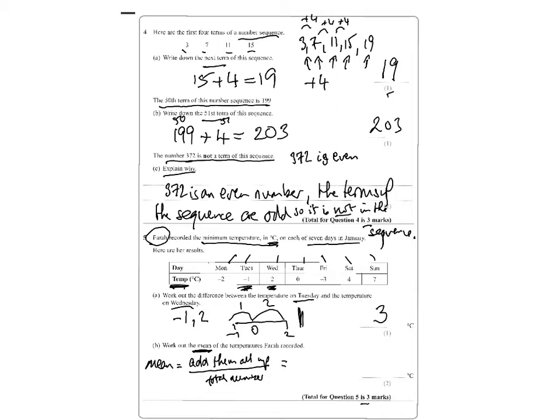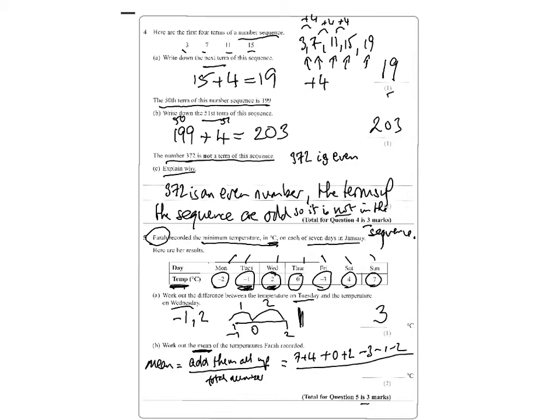I'm going to start with the positive ones. So I've got 7 plus 4, which is 11, plus 0 plus 2. And then I'm going to take away 3, take away 1, take away 2.